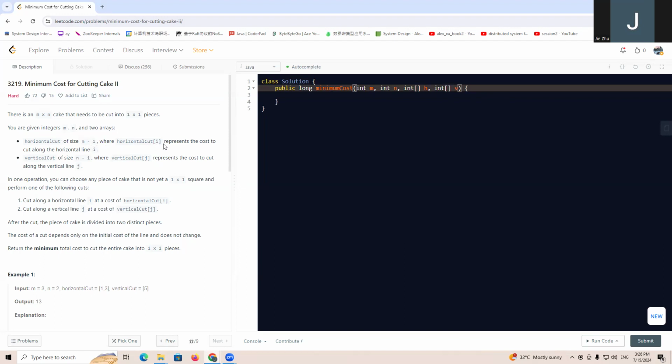In the horizontal cuts, h[i] represents the cost to cut along the horizontal line i. And also vertical cuts, v[j] represents the cost to cut along the vertical line j.